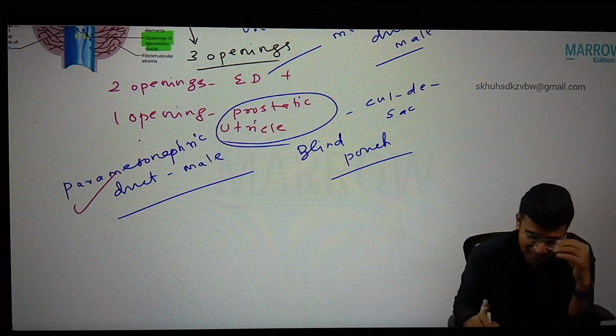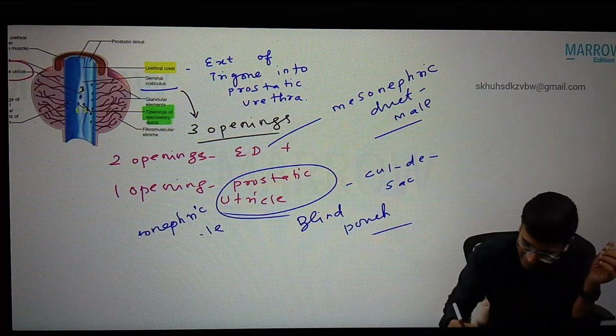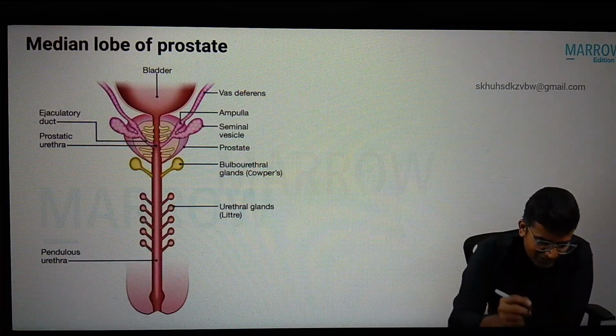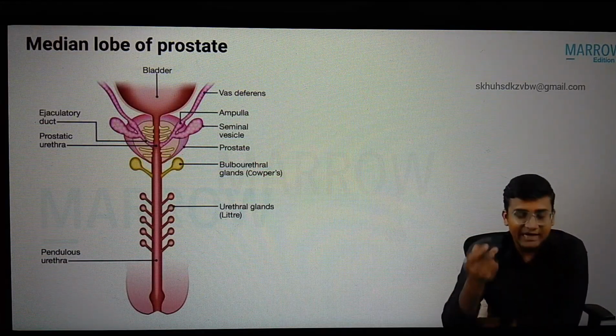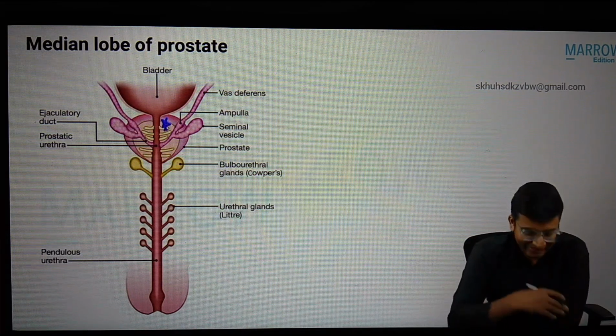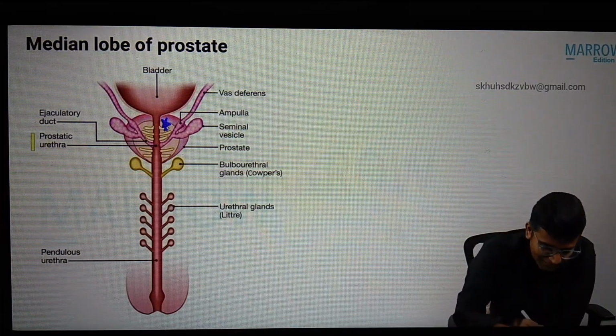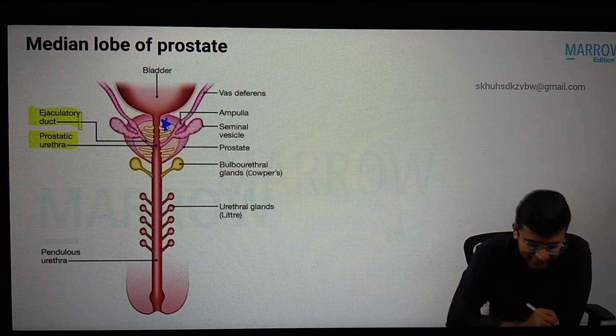Okay, right. Now we're going to discuss the prostate gland. First, see this part of the prostate gland. We have the prostate gland between the prostatic urethra and the ejaculatory duct.